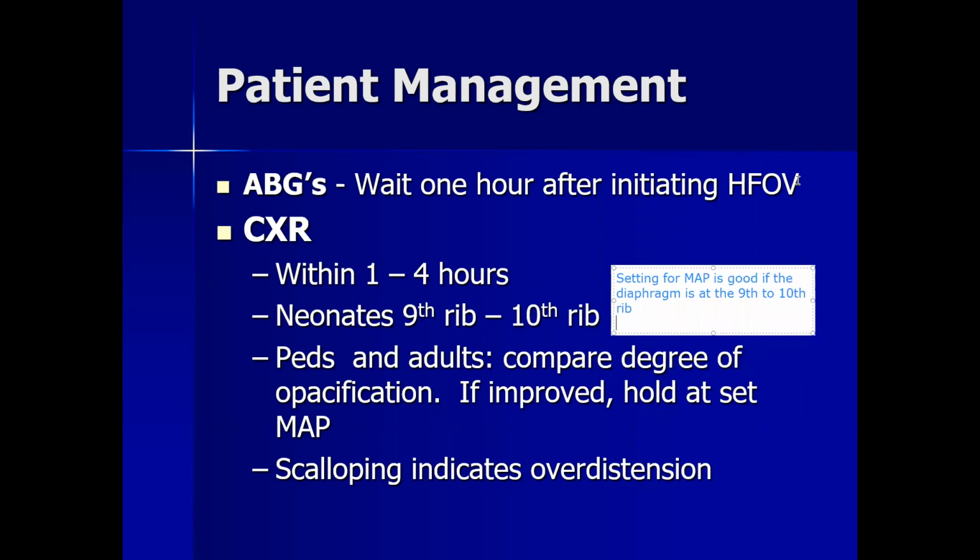So I just wrote: setting for mean airway pressure is good if the diaphragm is at the 9th to 10th rib.